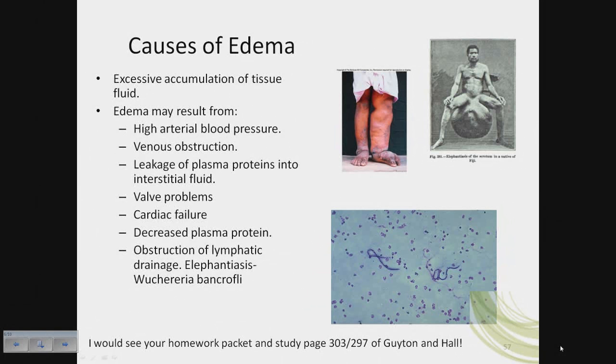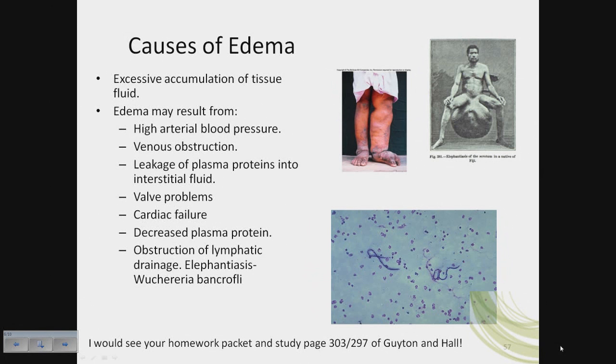Decreased plasma proteins. Well, if we have decreased plasma proteins, which Starling force are we going to affect? That's right, the capillary colloid osmotic pressure. We learned about this with kwashiorkor, the disease of the displaced child. The lack of the essential amino acids means that the liver is not making adequate amounts of albumin.